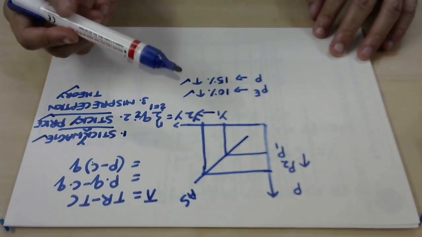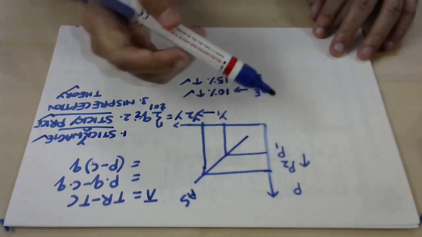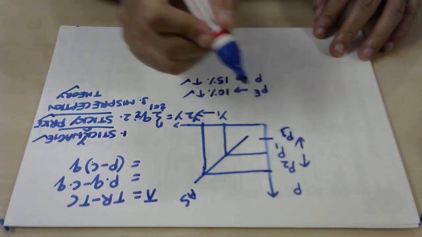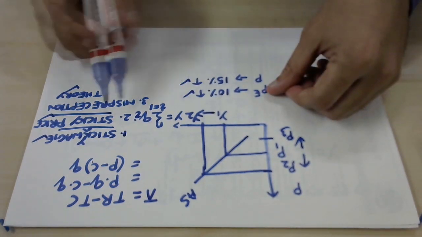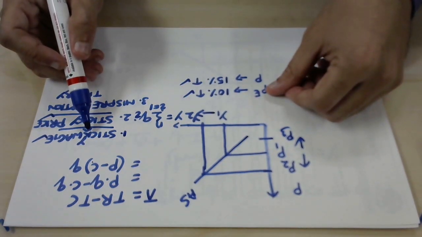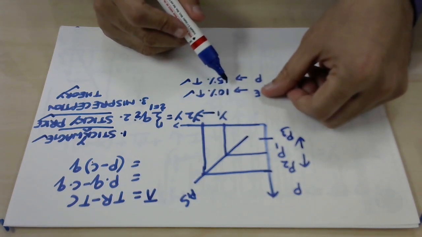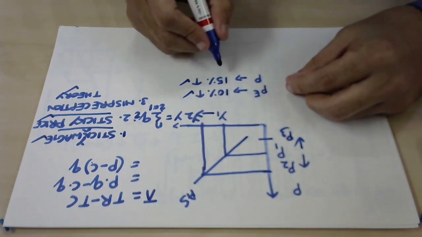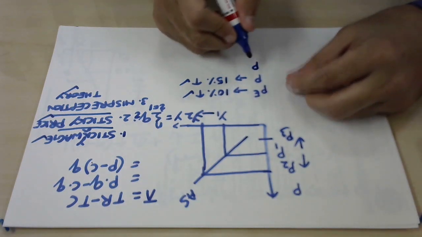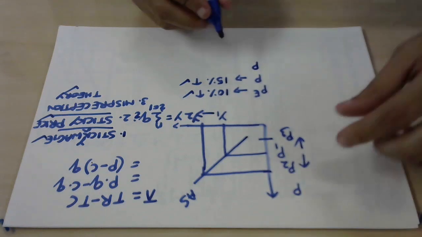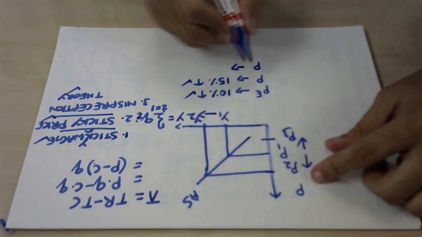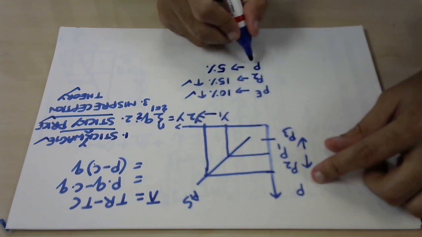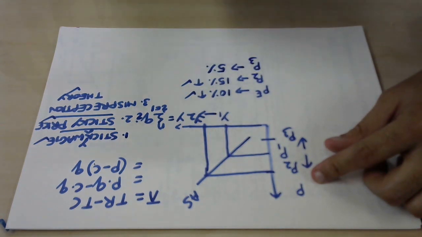Now the same reasoning we can apply when price level goes down, say from P1 to P3. What would happen? Let us go back to the sticky wage theory. As per the sticky wage theory, suppose people had expected a 10% increase in prices or inflation, but the actual inflation turned out to be only say 5%. So this was our P2 and let this be P3.